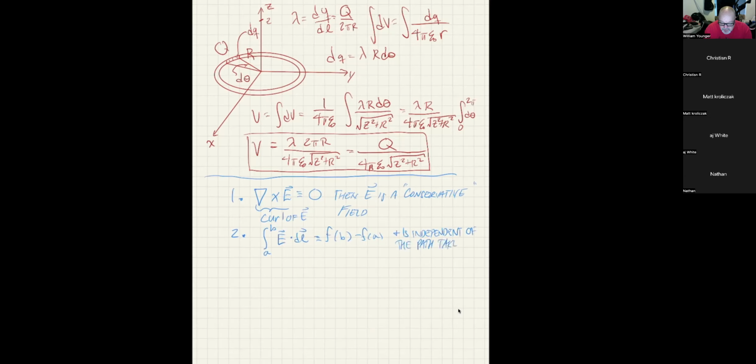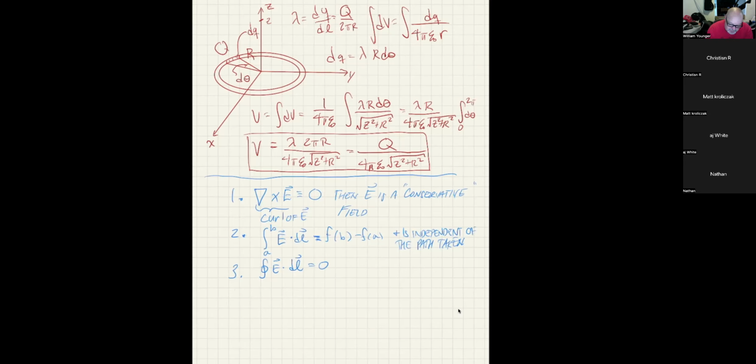So you can actually make up the easiest path you want and just use that, and that'd be fine. That's what that's telling you. It also means that the closed integral of E dot dl, in other words, you do a line integral that starts and stops on the exact same spot, is going to be equal to 0. Because obviously, if it's f of B minus f of A and B is A, then you're going to get f of A minus f of A, which is 0.